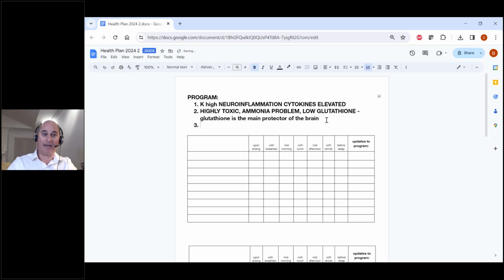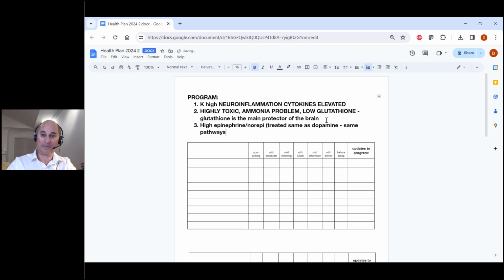And then I think they had high epinephrine and norepinephrine markers, remember? That's treated the same way as the dopamine markers. It's the same pathways. Okay?